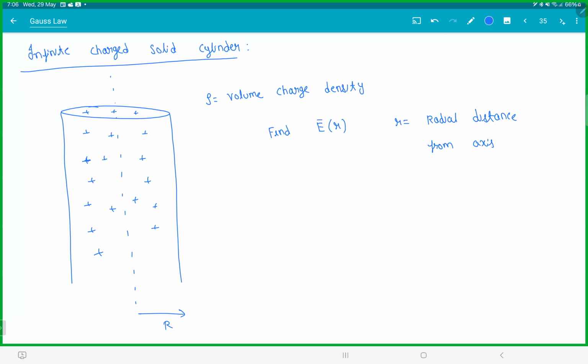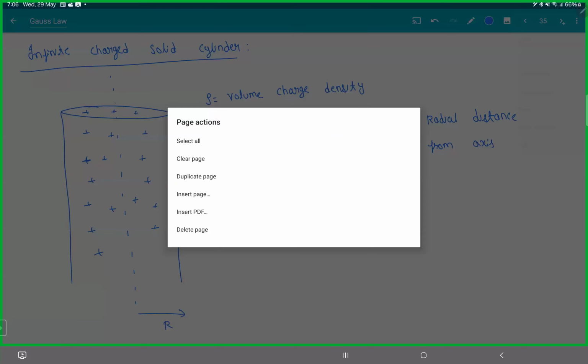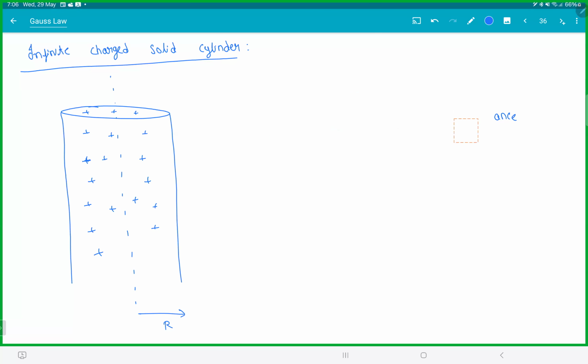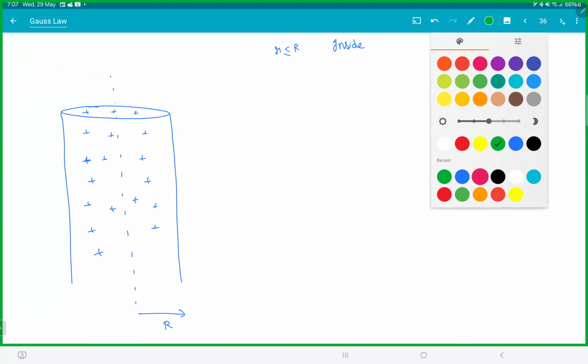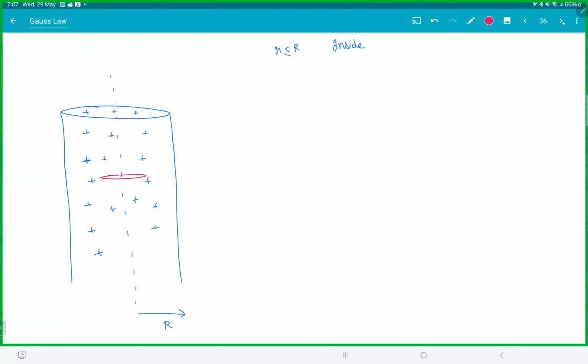See, for r less than or equal to R, the field should be a continuous function. So basically inside. Again, since it is a symmetrical shape, we can assume the field will be radial. So we are taking a Gaussian surface like this. E is radial, so the flat surfaces won't have any flux; there'll be a perpendicular area.